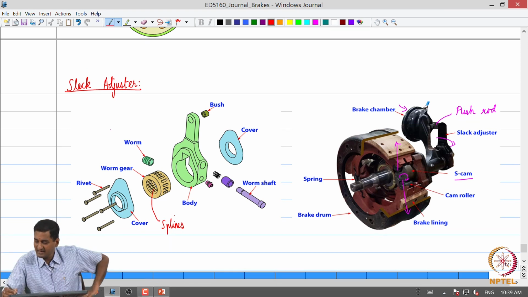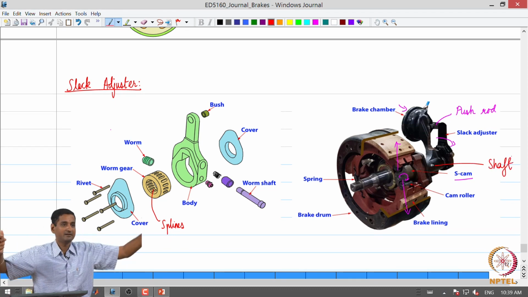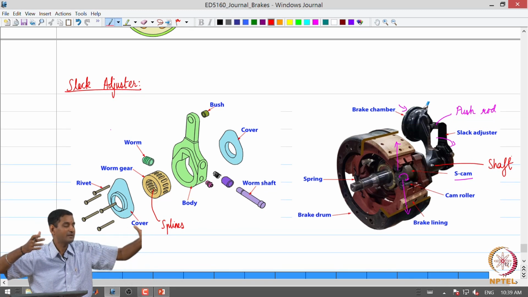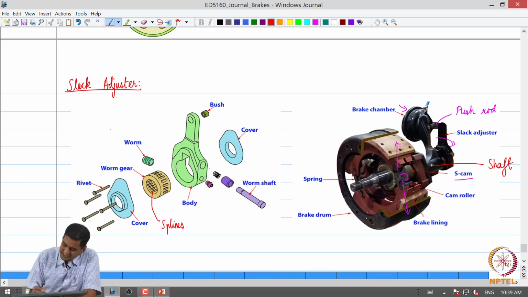So, the S cam shaft, this is the S cam shaft, right. The shaft has one end as the S cam, on the other end the slack adjuster is connected on splines. So, then there is a worm gear with an adjustment mechanism, and the slack adjuster has a hole where we can mount the push rod, right.